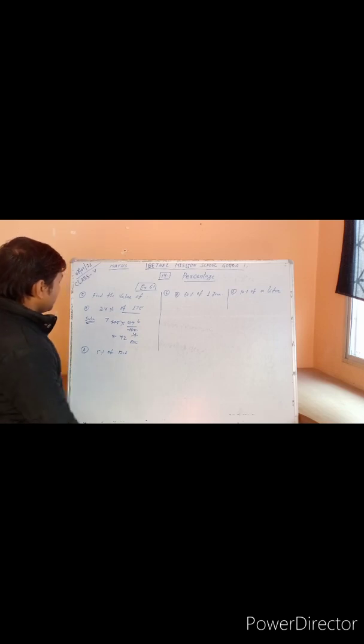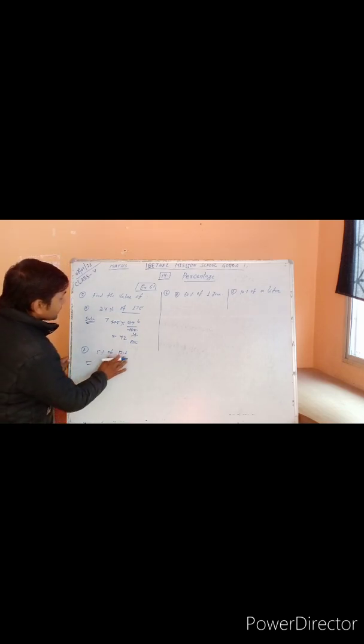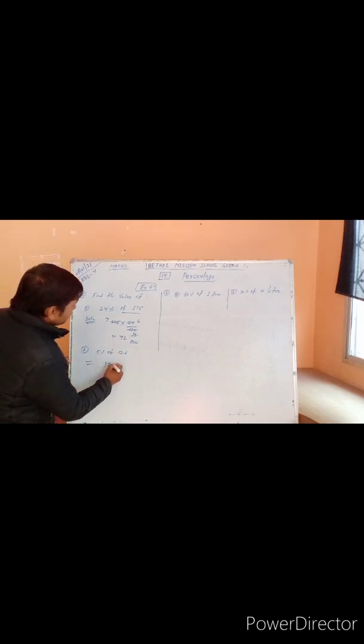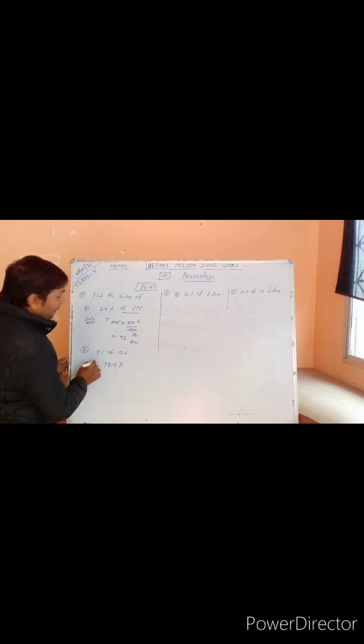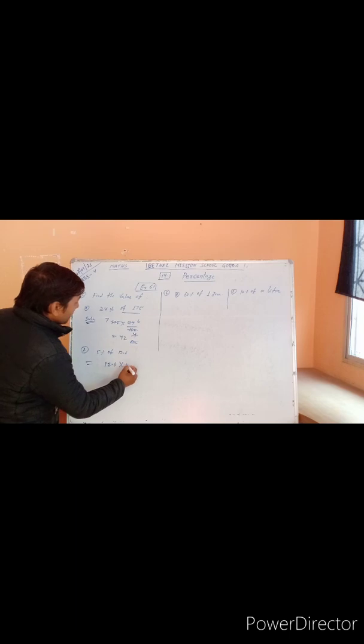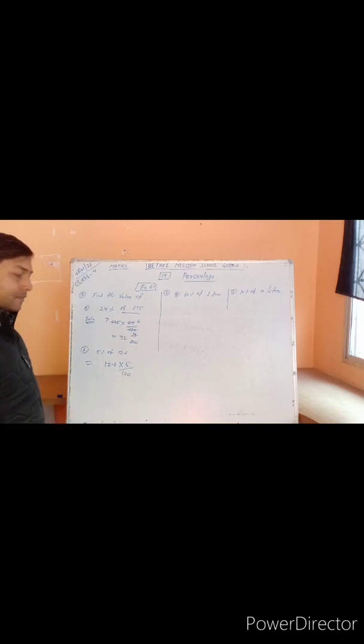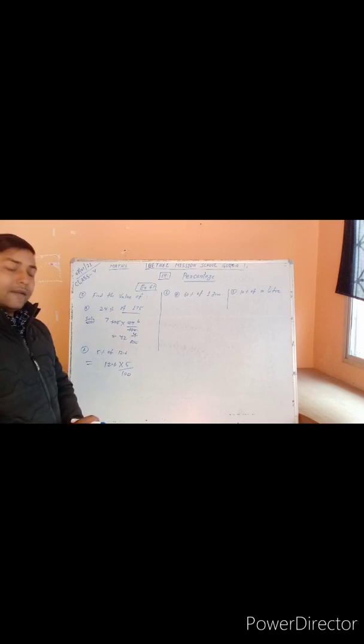Same question here. 5% of this one, right? 12.6, "of" means multiply. Okay, and 5%, 5, and percent means by 100.